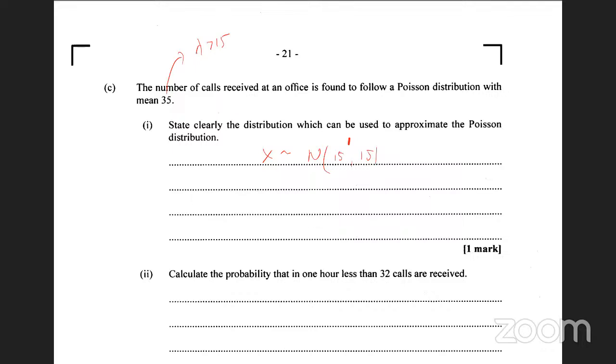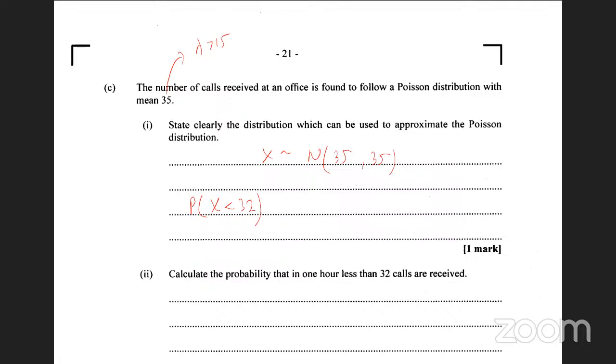They want you now to find the probability that in 1 hour there are less than 32 calls. Sorry about that, I wrote 15, my mistake.